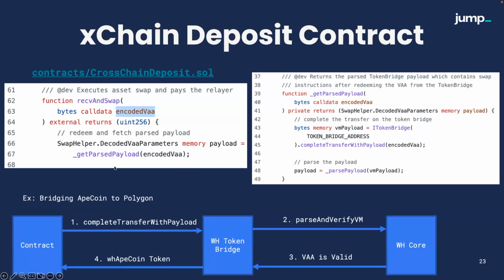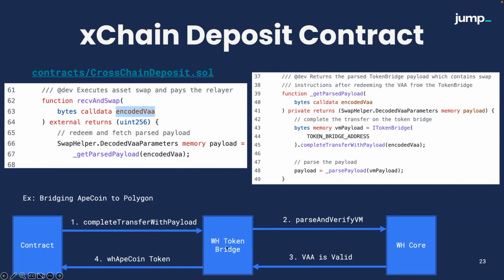The way that cross-chain deposits work is you can look at this diagram here. The cross-chain deposit function in the contract will call into the Wormhole token bridge to complete transfer with a custom payload. The token bridge verifies the VAA, and the core bridge says the VAA is valid or not. This is the standard integration of token bridge and core bridge.